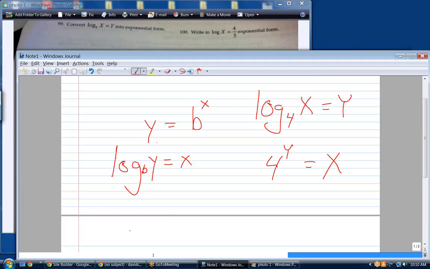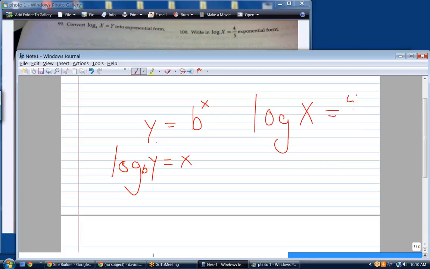Okay. Now let's go the same way. Write log of x equals 4/5 in exponential form.